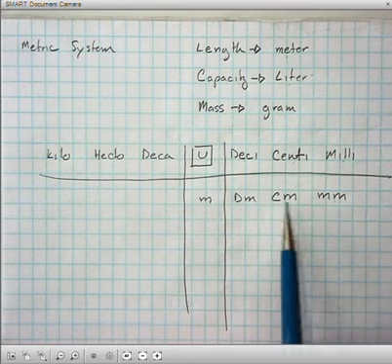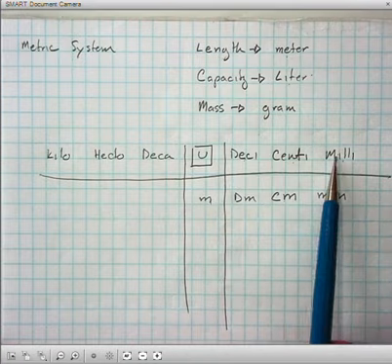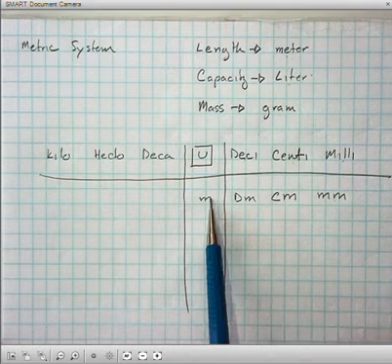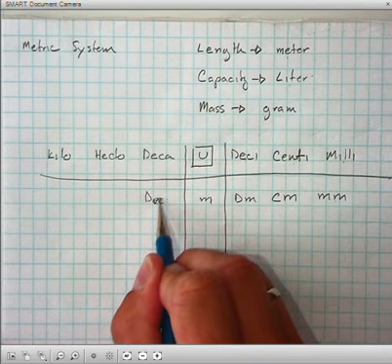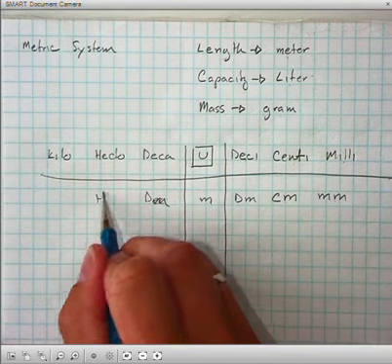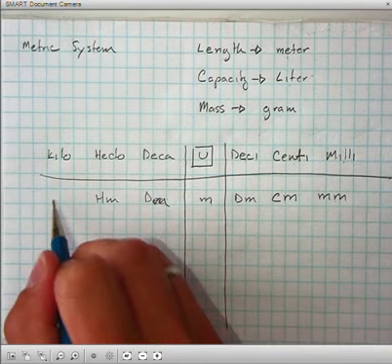These are the prefixes, and meter is the suffix. The prefixes go in front of that word. You've got decameter, dam, hectometer, and kilometer. These are all dealing with length.